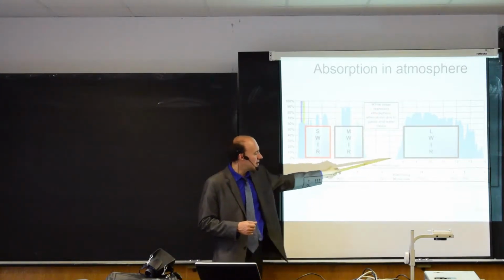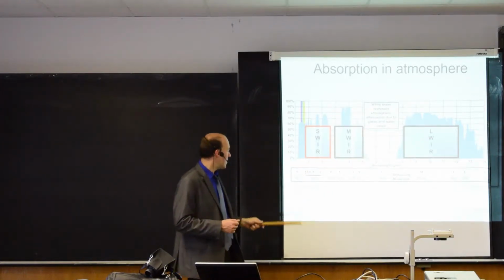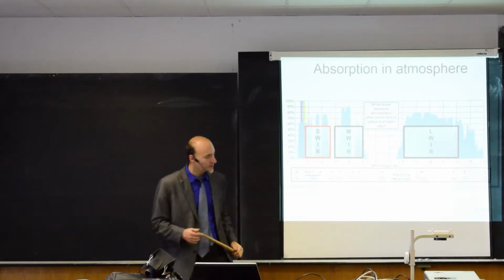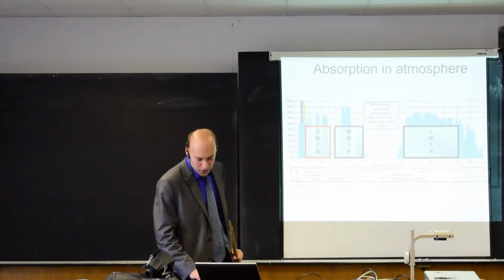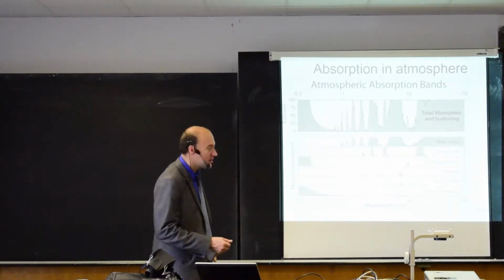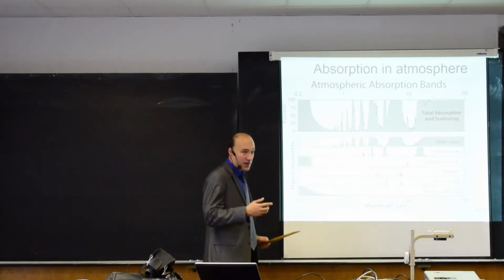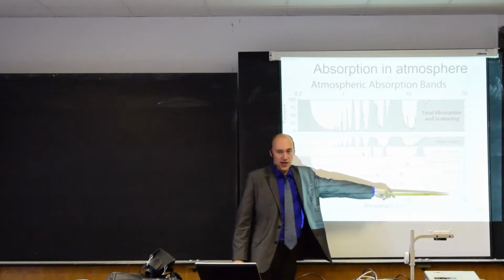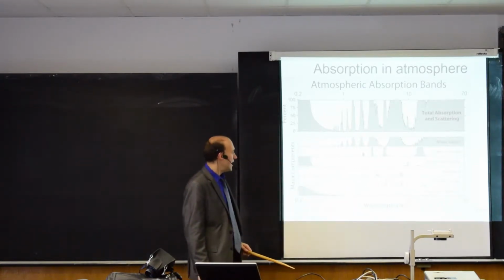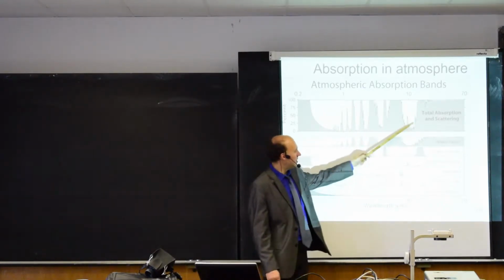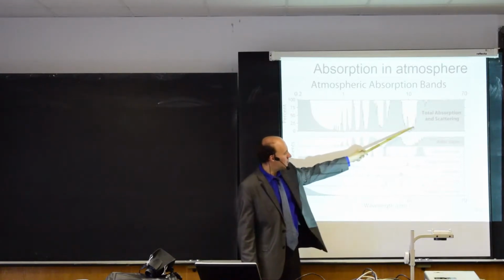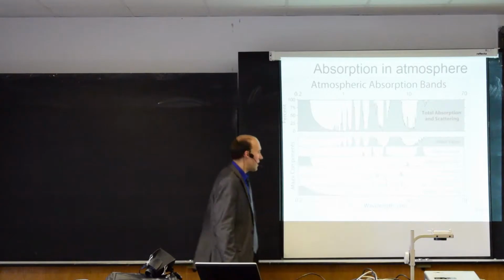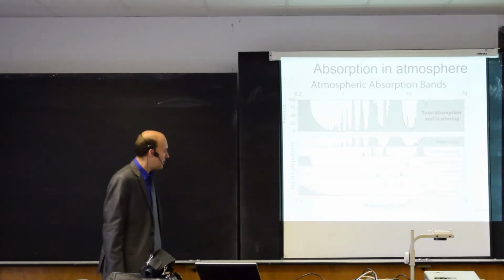So this gets absorbed in water, this gets absorbed in oxygen, and so forth. It's true also for larger wavelengths. So here you see the same chart all the way to 70 micrometers, and here it gets absorbed and scattered. So here we cannot measure in the atmosphere directly. We simply can't do that.